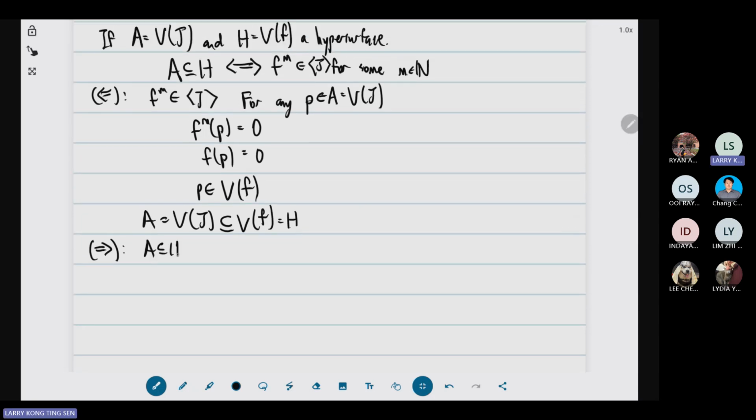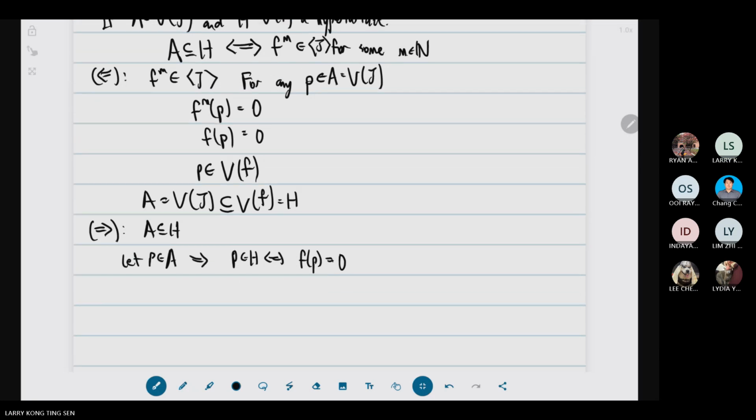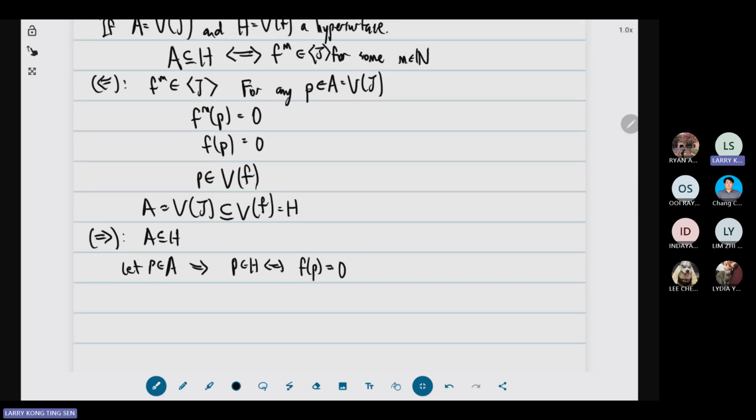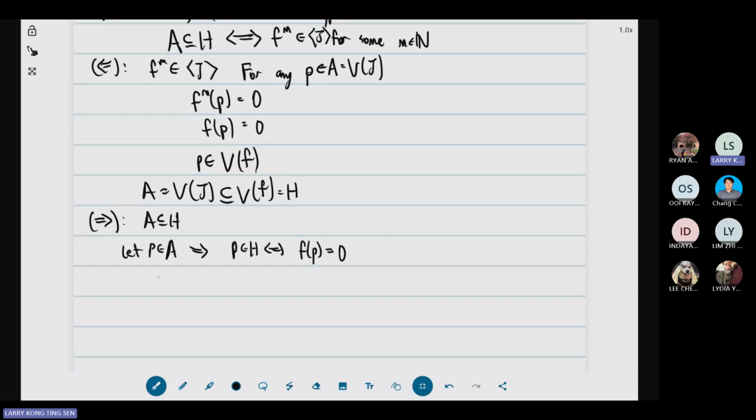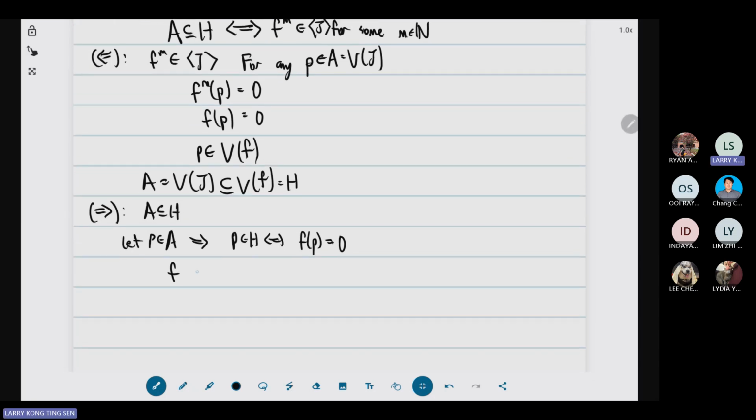If A is a subset of H, this means that any point of A is a root of F. So p in H just means F(p) equals 0, and this holds for any point of A. So this means that F vanishes on V(J).